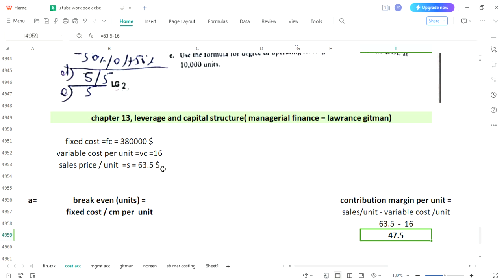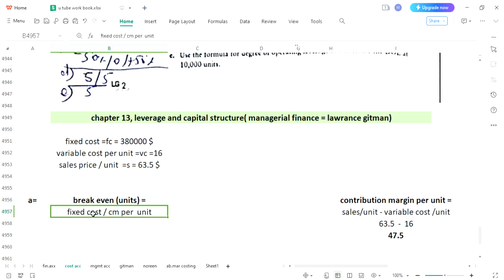This was needed to calculate break-even point, for which the formula is fixed cost divided by CM per unit. Fixed cost is already present, which is 3,80,000, and you need to divide it by contribution margin per unit, which has been calculated over here, 47.5. Statement is completed.